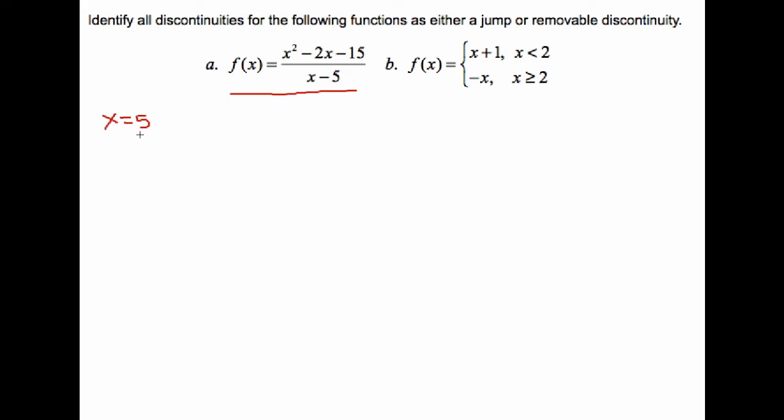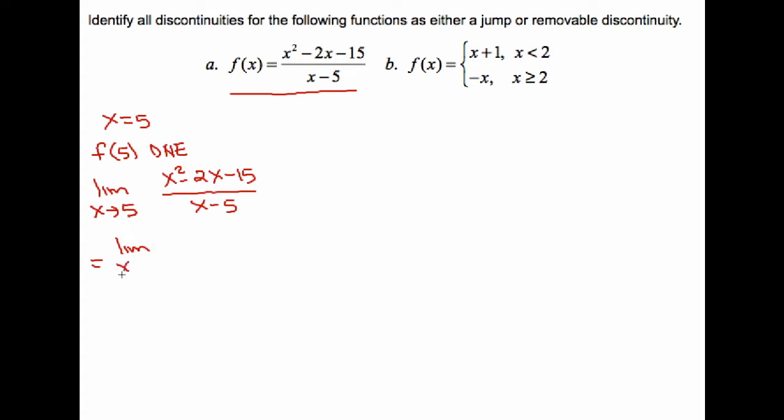Well, let's see what we know about this function. We know f of 5 does not exist. And we also know that if we took the limit as x approaches 5 of this function, which again is x squared minus 2x minus 15 over x minus 5, then we would go ahead and find that the two-sided limit does exist.